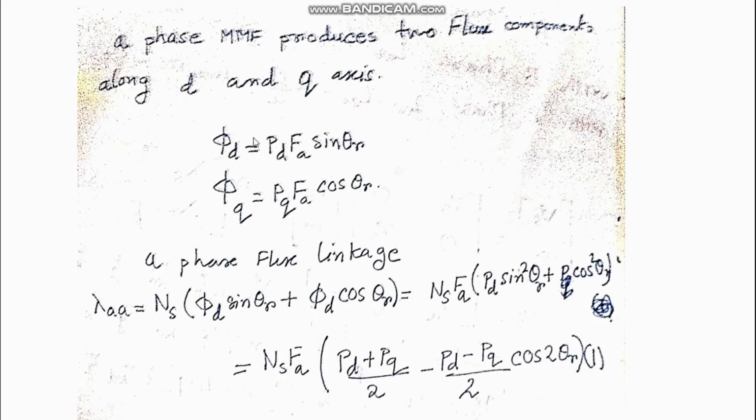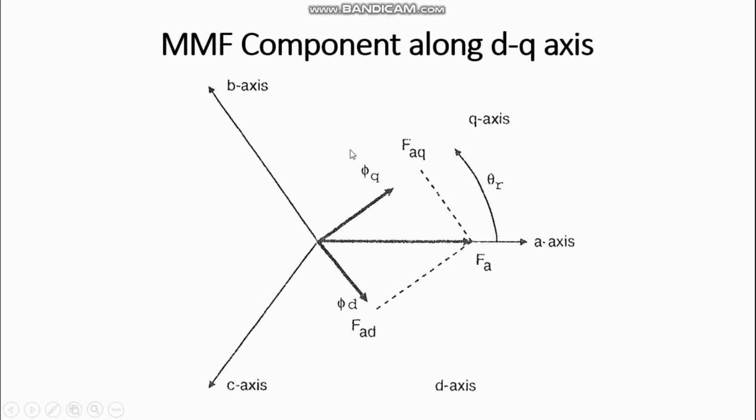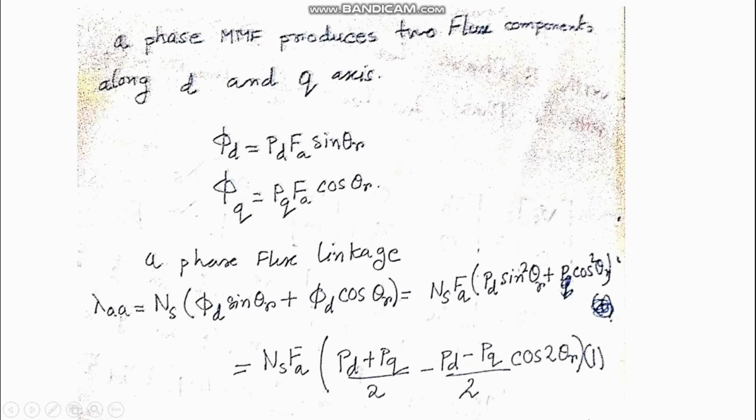PD indicates permeance along the D axis, and PQ indicates permeance along the Q axis. By virtue of this structure, FA, the MMF produced by our A phase winding, will have a cosine component along Q: FAQ will be cos theta, and FAD will be sine of theta.